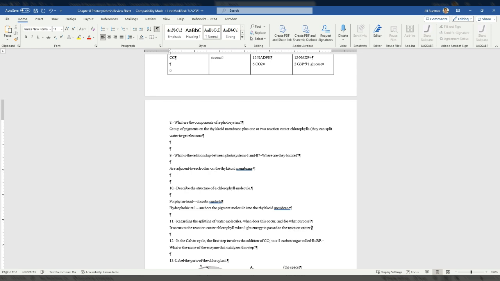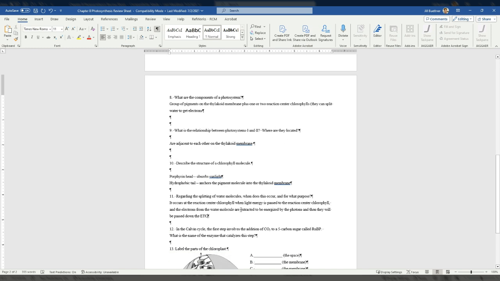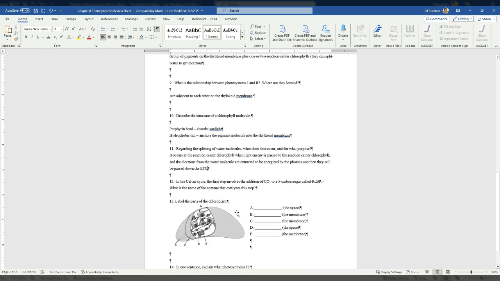Reaction center chlorophyll. And the electrons from the water molecule are extracted from the water to be energized by the photons, and then they will be passed down the electron transport chain, and that's all part of the process to make ATP. The acceptor for those electrons is NADP+, it becomes NADPH.